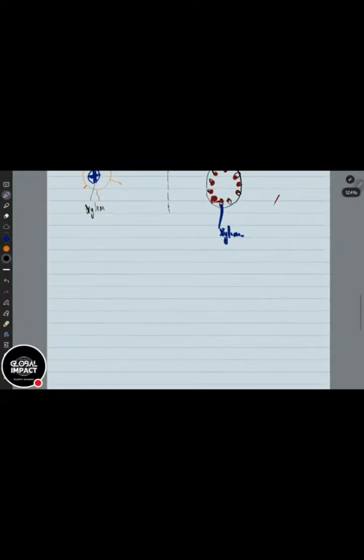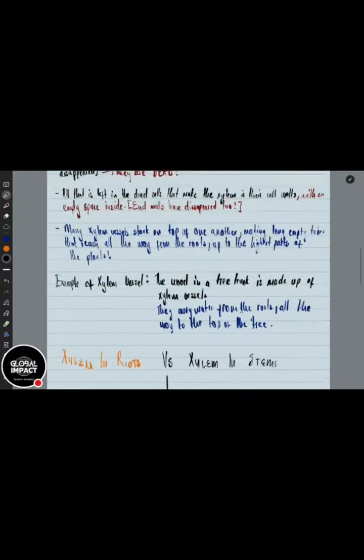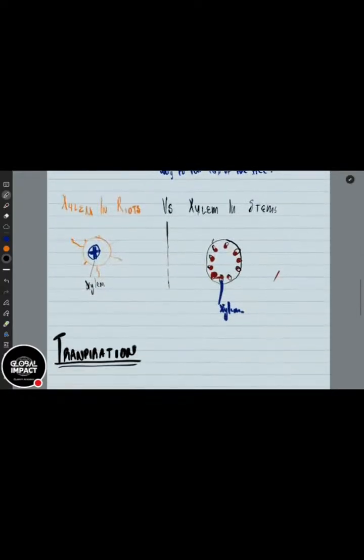From here, you can now talk about transpiration, which we'll look at in our next lesson. I wanted you to do it, but keep xylem and phloem.